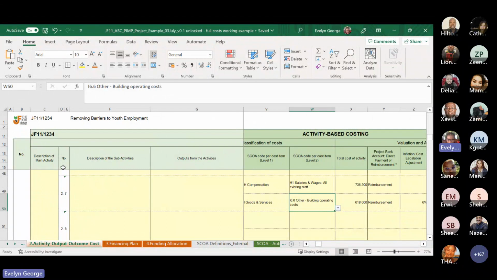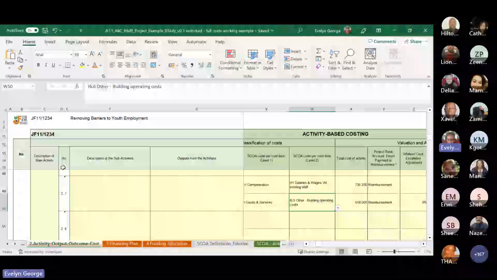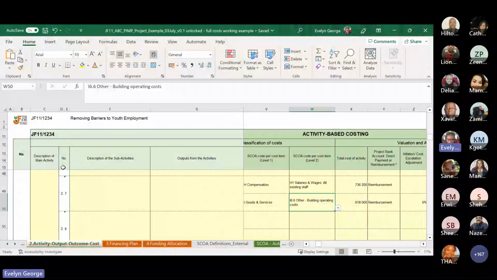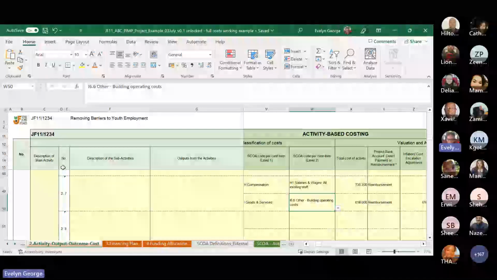We ask you to only include costs that can reasonably be expected to be spent or incurred after Jobs Fund approval. Where it was incurred or spent before, you cannot claim it back from the project.